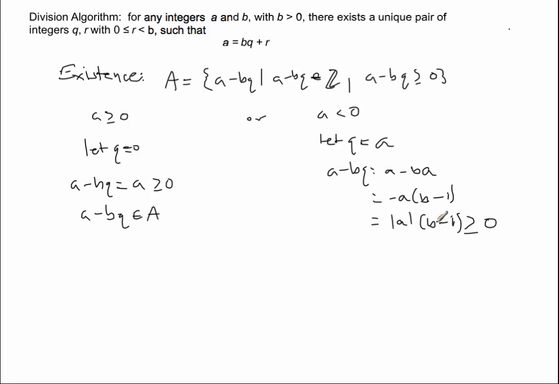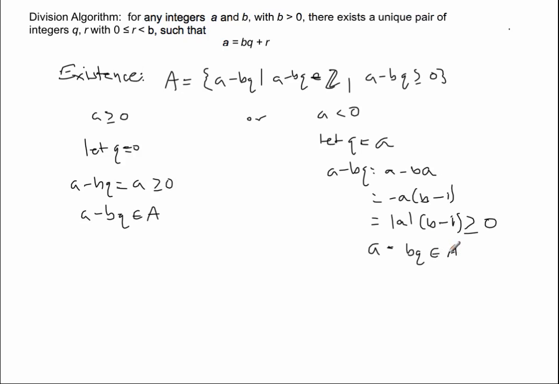So if that whole thing is greater than or equal to 0, then again, it is an element of A. So that means that a minus bq is an element of A.